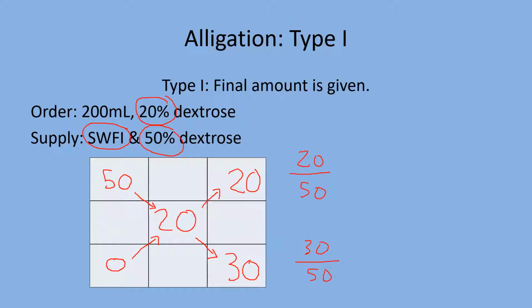And in a type 1 allegation, what is our final step? Exactly. Multiply by the final amount. In this case, 200 mLs.